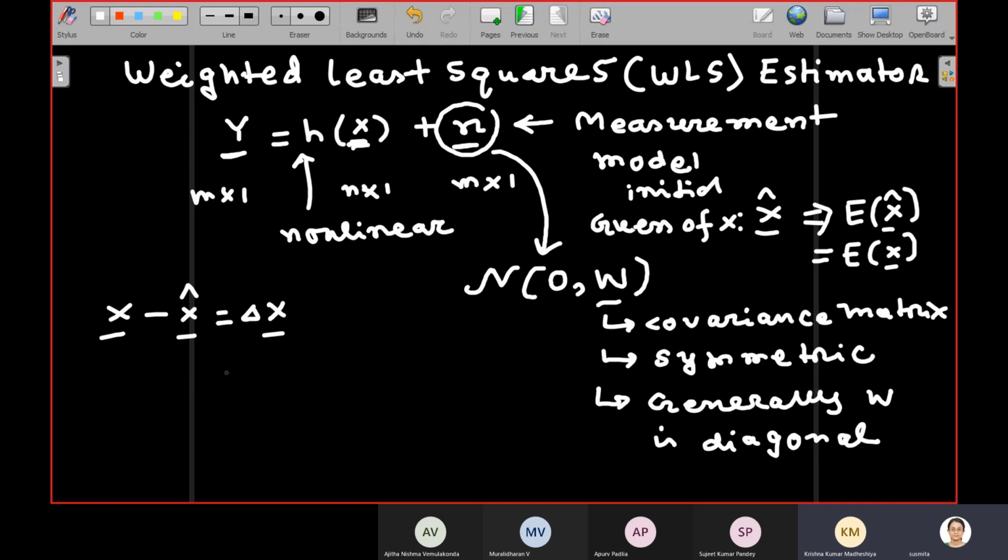If we can find the difference, then by adding that to the prior guess, we get the estimate. So our objective is basically to estimate delta x. Okay. And the expectation of delta x is 0 because we know that E of x hat is equal to E of x.